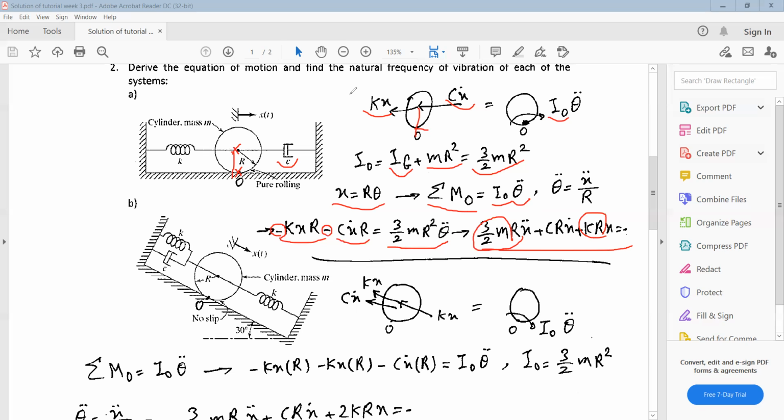Is it clear, this one? Yes? Yes or no? If you need more clarification, please let me know. I will explain more.